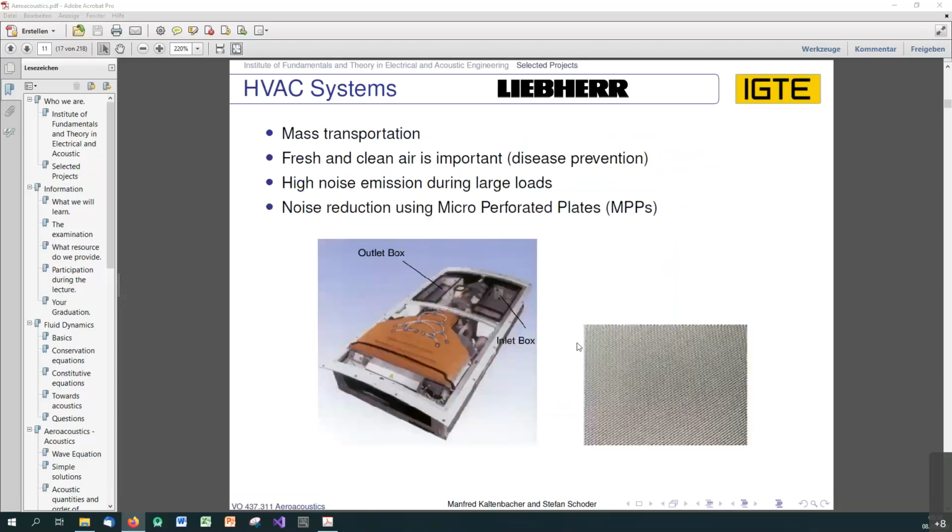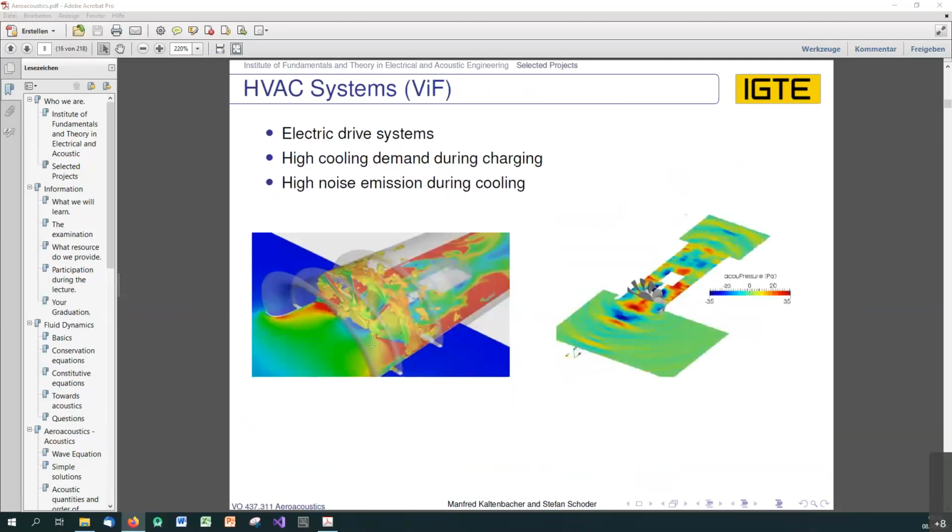For instance, here at this fan setting, you have a strong broadband characteristic from the unsteady interaction of the blades and the incoming turbulence by the flow.